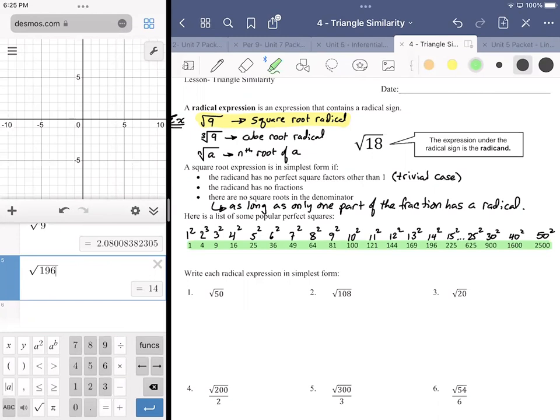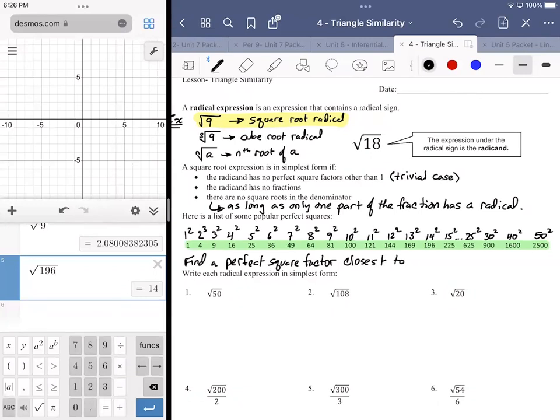All right. So what we want to do is find a perfect square factor closest to 1/2 of the radicand.